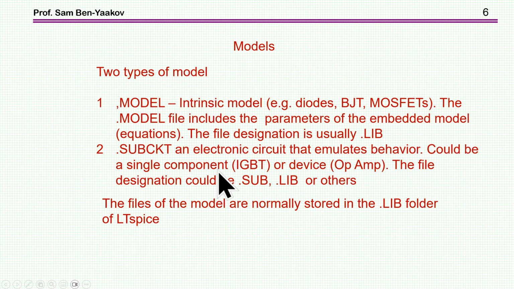This subcircuit is actually a netlist file, which has the ending of either .sub or .lib. There are some other designations of this file. Now, the files of the model are normally stored in the .lib folder of LTspice. The LTspice program has a number of folders.